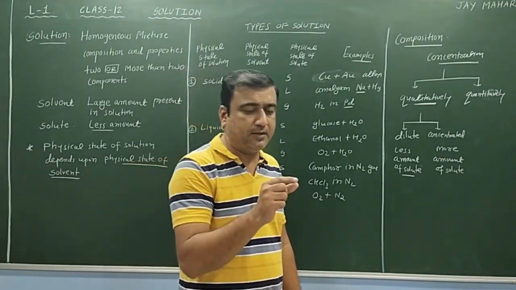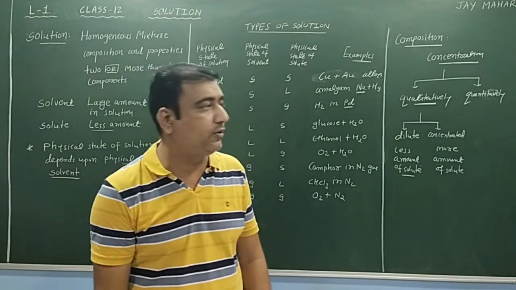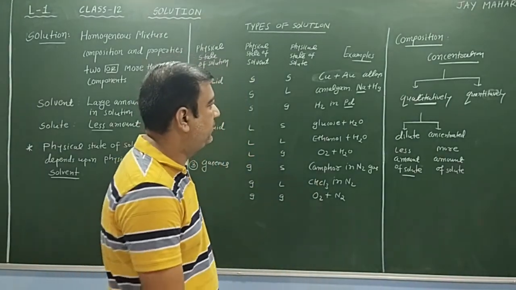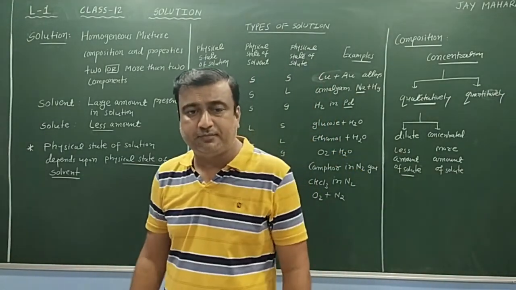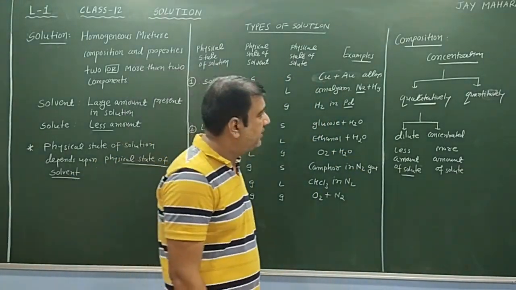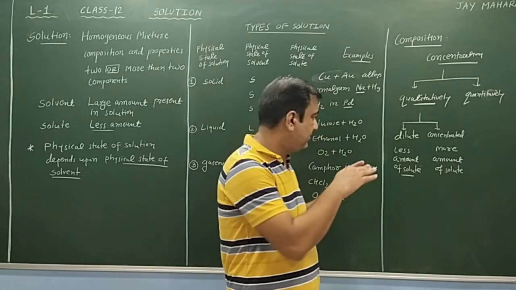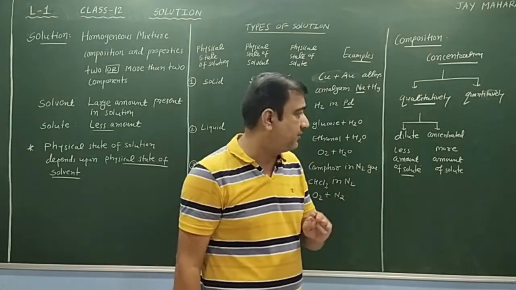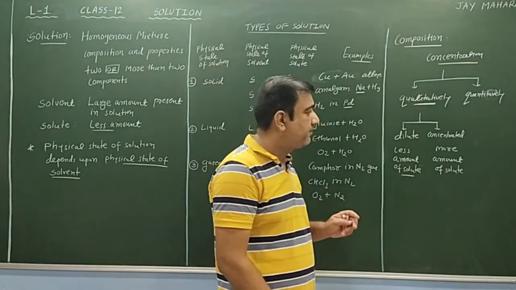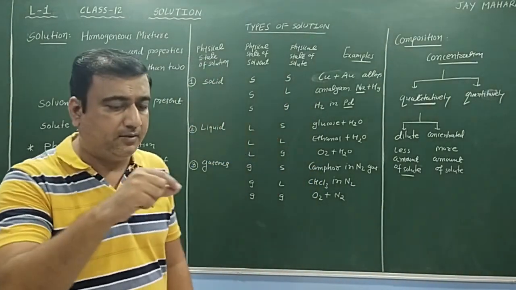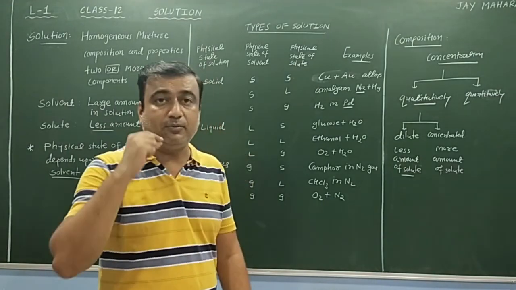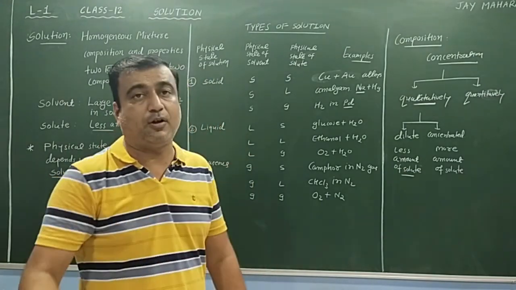That means the amount of solute dissolved is high. Based on qualitative analysis, we can only say dilute solution and concentrated solution, but we cannot calculate exactly what the amount of solute present in the solution is.